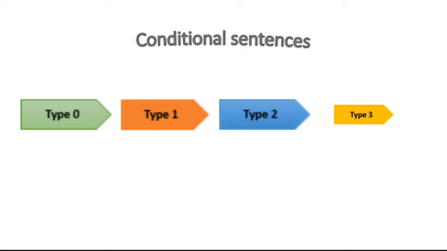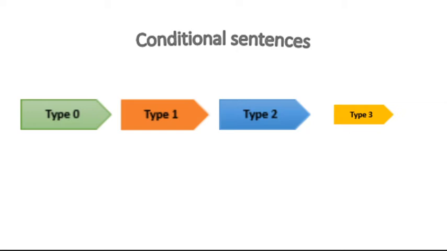Are these 4 types the same? Can we use them the same way, or are they different? The answer is they are different and we cannot use them the same way. Each type of conditional sentence has its own form and use.